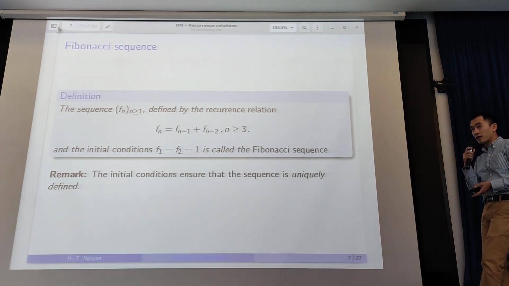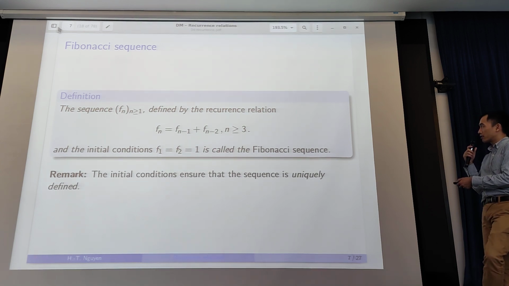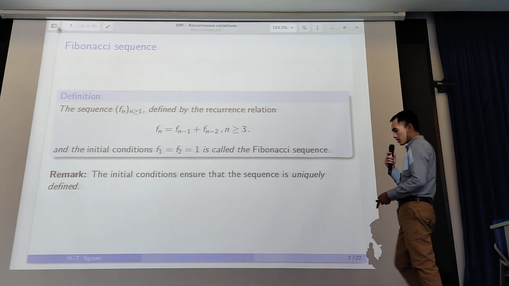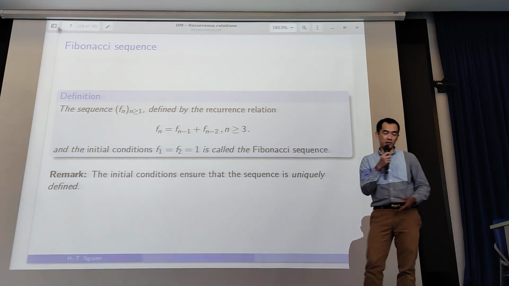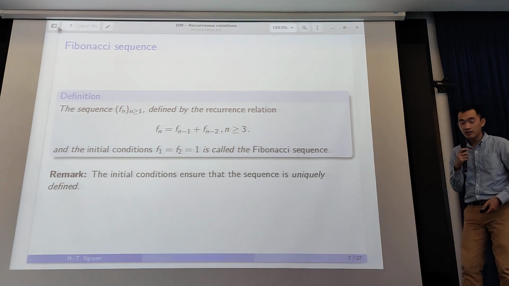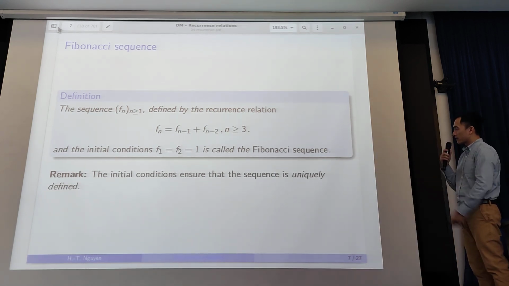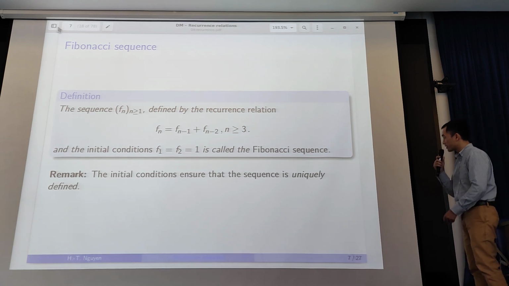Sometimes the sequence is defined with the first two terms 0 and 1 instead of 1, 1. So there may be some differences in the way you choose the first values, but basically the other terms are the same.